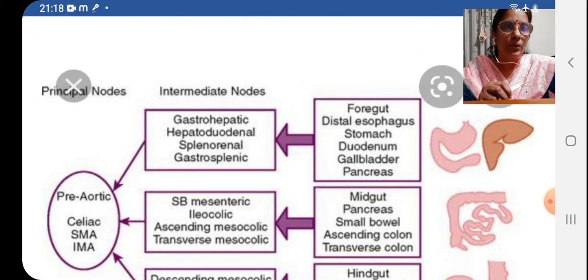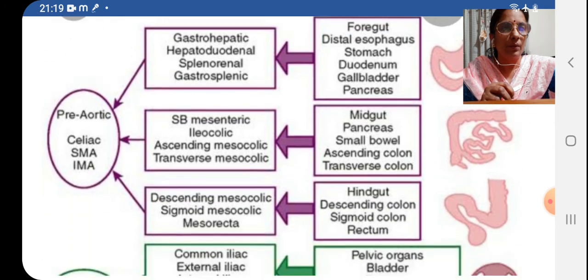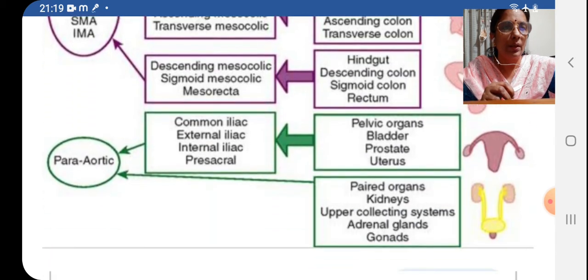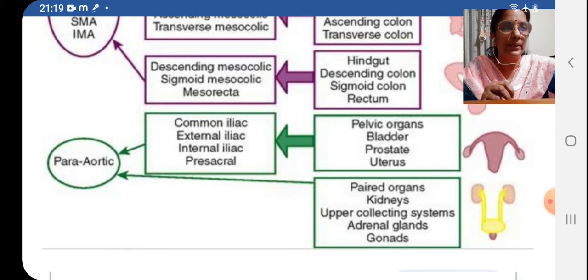So very close to the visceral organ, you will get some group of nodes. From there, the lymph will be drained to the intermediate nodes, and from there to the principal nodes. When you see downwards, the pelvic organs, the genitourinary system, the lymph drains to the nodes around the common iliac, external iliac, internal iliac, and presacral nodes.